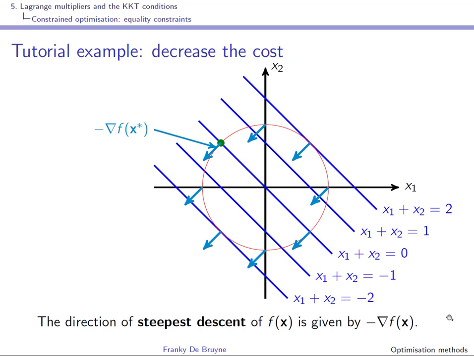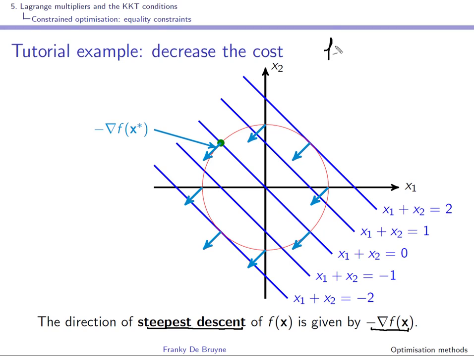Let us now look at decreasing the cost. The gradient of f corresponds to the direction of steepest ascent, so minus the gradient corresponds to a direction of steepest descent, right? So what we'll do is compute the gradient.